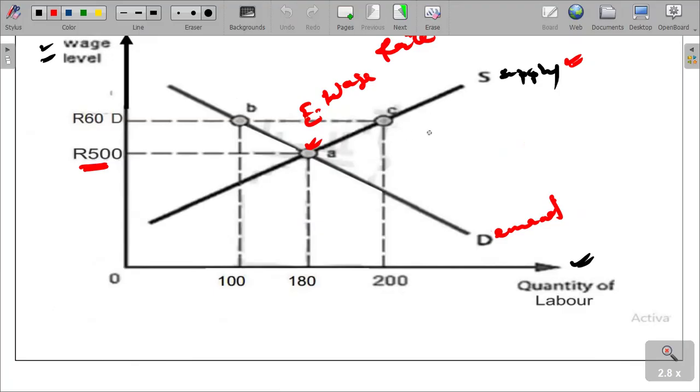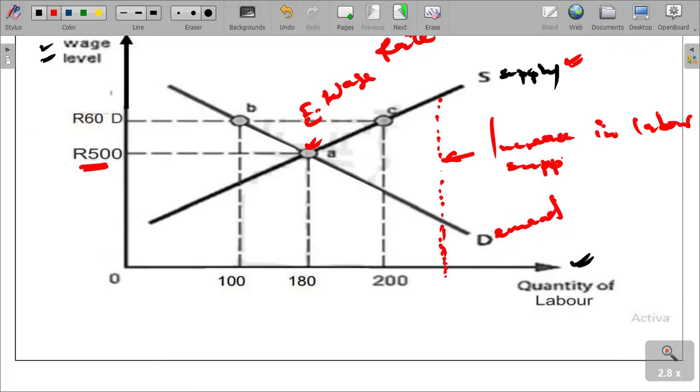We are going to find a new position, illustrating our increase in labor supply, which is caused by an increase in population.